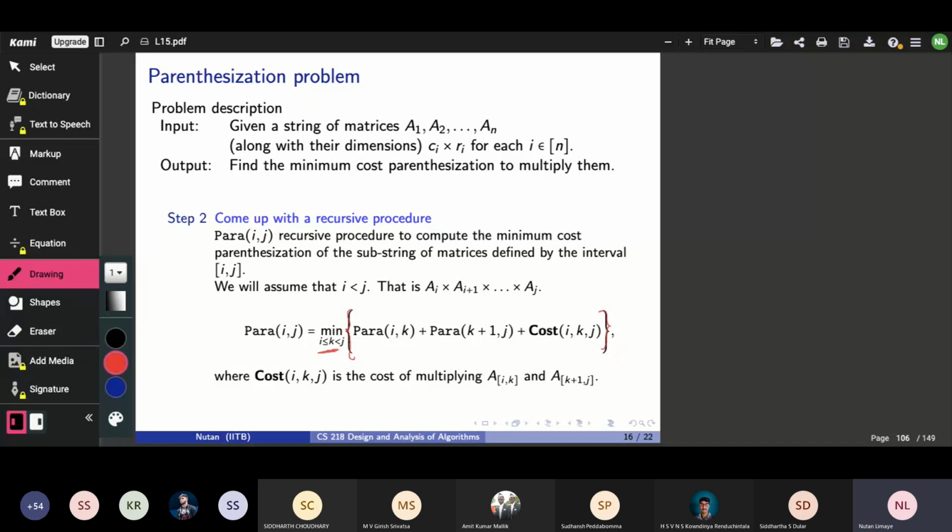Here in dynamic programming, because parenthesization is a problem where I don't know which among them is eventually going to work out, I need access to the recursive calls to all of them, and then I need to take the minimum among them. So there is a difference between the way we are writing this recursion and some other recursions we have seen in the past. Let me pause for a minute and see if there are any questions.